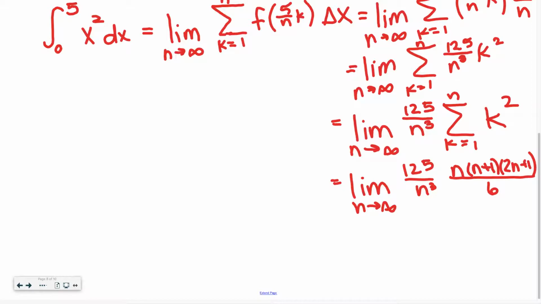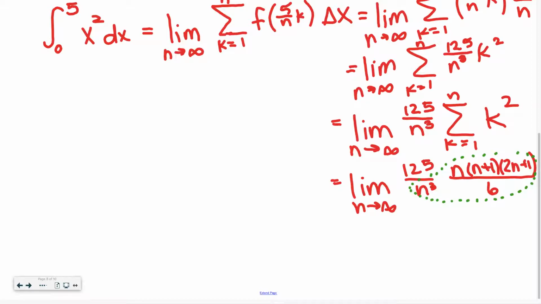All right, do you see where this is going? We no longer have a summation. We only have a limit. Now, this right here, this is what we talked about on the slide a few previous, right?